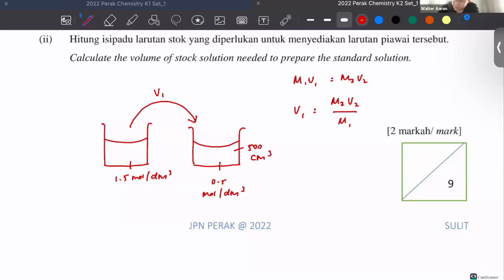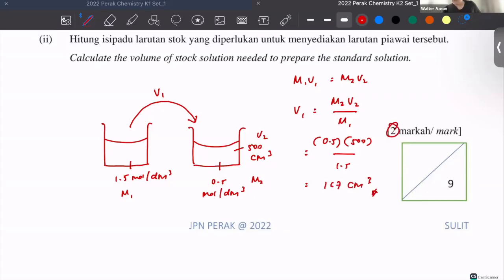This one is supposed to be your V2, M2, M1. If we substitute the values in, you'll get 0.5 times 500 divided by 1.5. And the volume you must add will technically be 167 cm³.